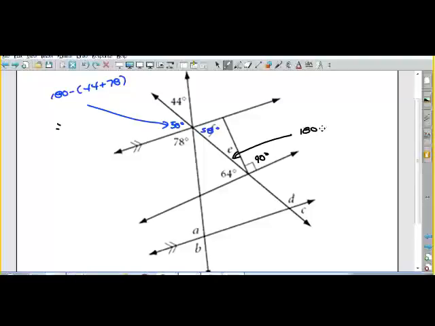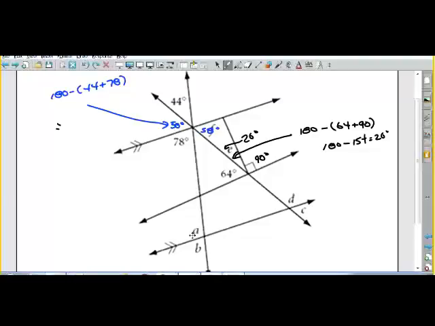So these three add up to 180, so this angle is going to be 180 minus the sum of the two remaining angles, which is 180 minus 154, which is 26 degrees. Now they don't ask us what this is, but we could figure out this angle because this plus that have to be equal to 180.